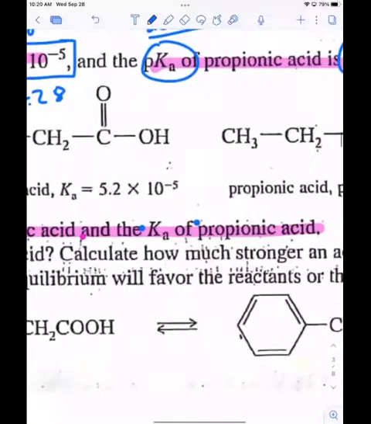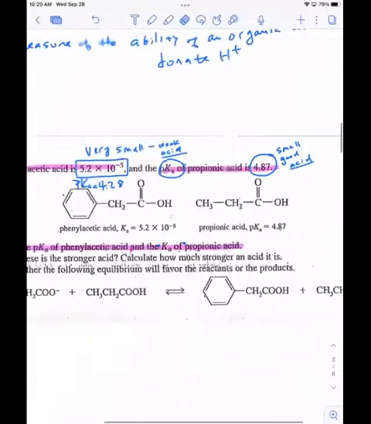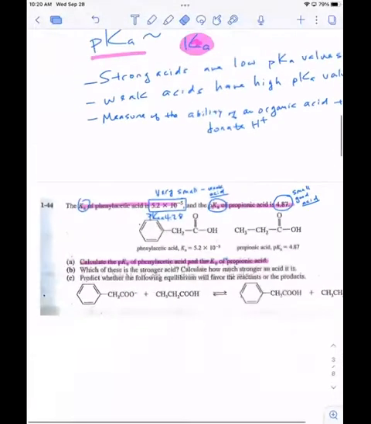Even though we're not going to be working in terms of Ka, you can still calculate it. But we'll calculate that later, because I want to compare the pKa. So one of those is 4.28 and the other is 4.87. We're going to use that to determine the equilibrium in part C of this question.